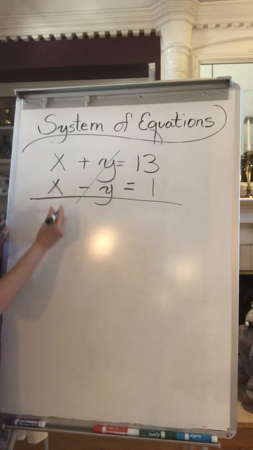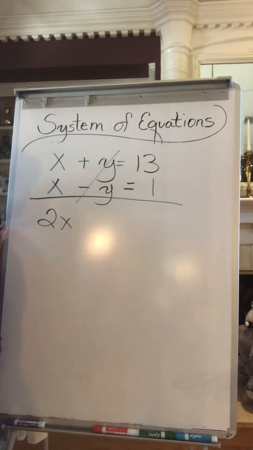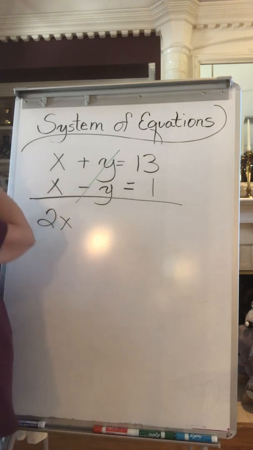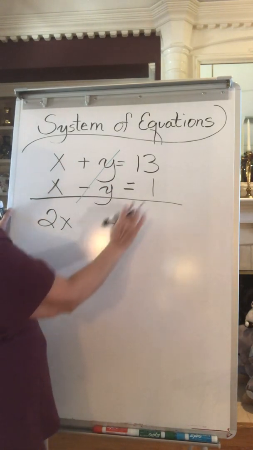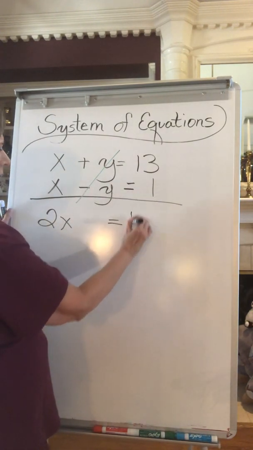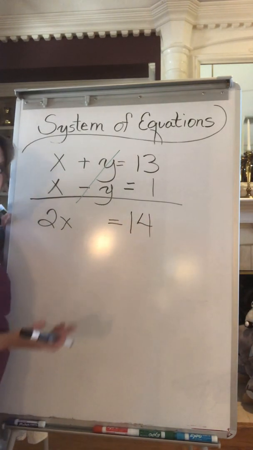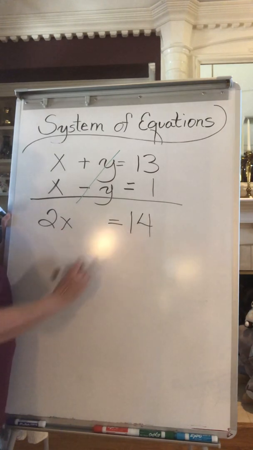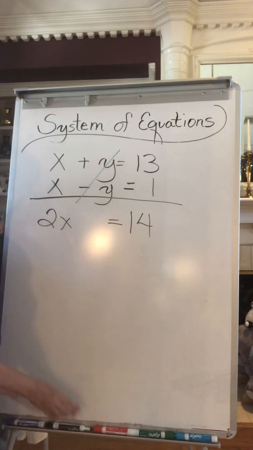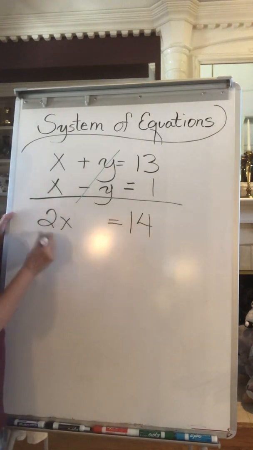So x and x give me a total of 2x equal, since I don't have this, I don't bring that down, 13 and 1, 14. Okay, so I've got a nice one-step equation here. 2 times some amount equals 14. Okay, so we know what that is, don't we? But let's go ahead and work it out.